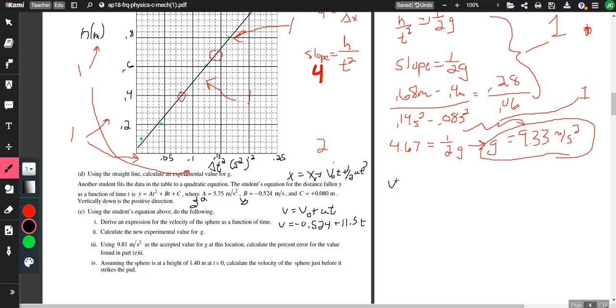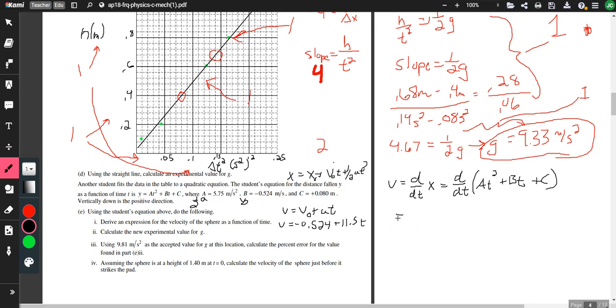If you remember, velocity is the time derivative of position. So I'm taking the derivative with respect to time of at squared plus bt plus c.